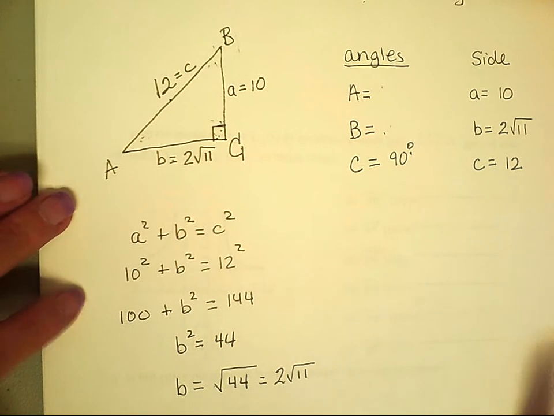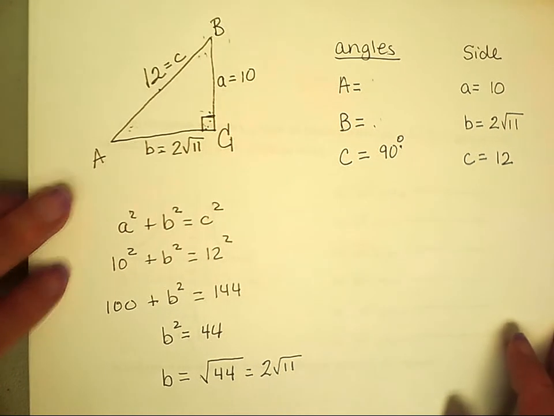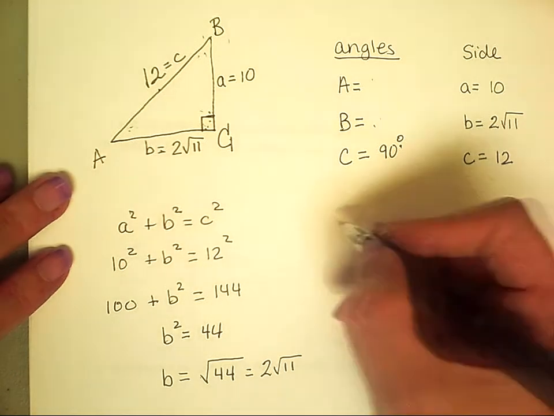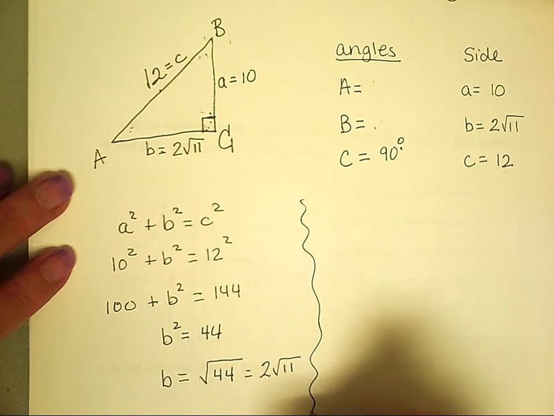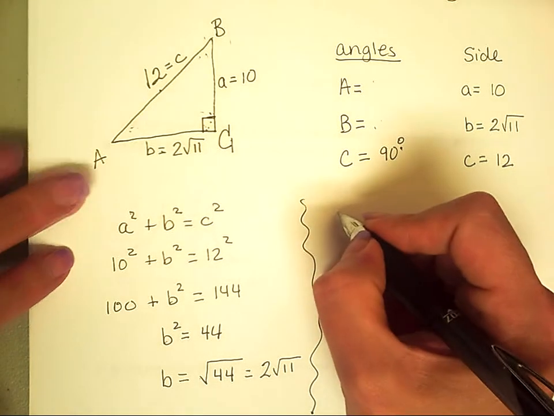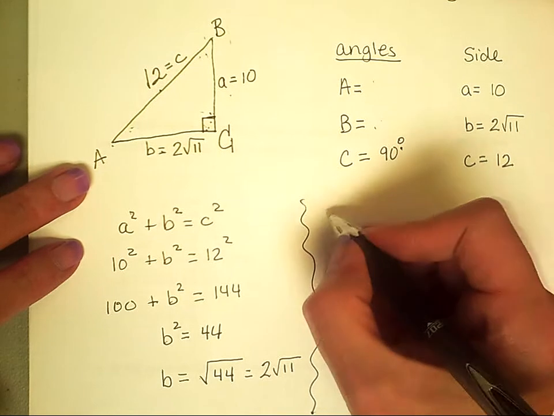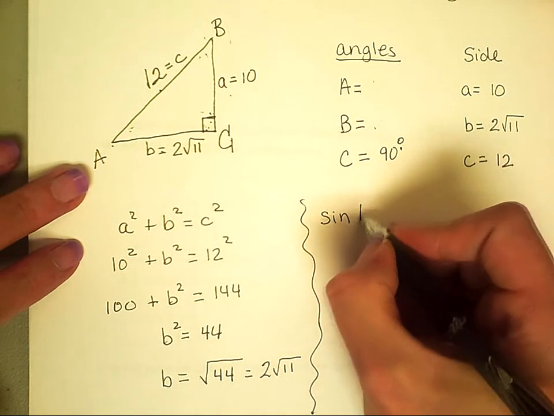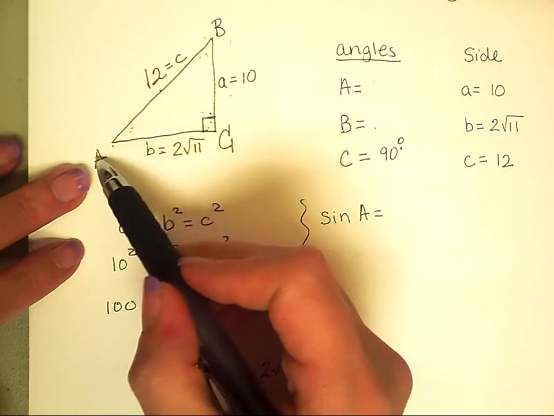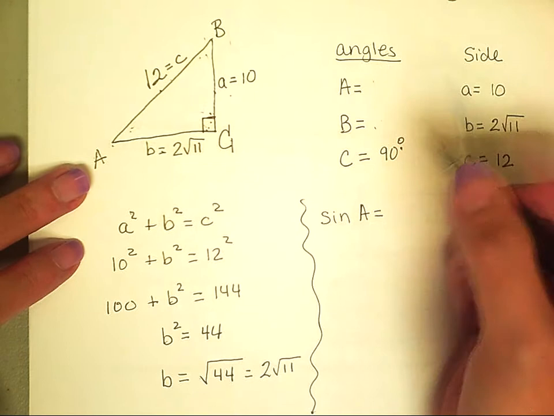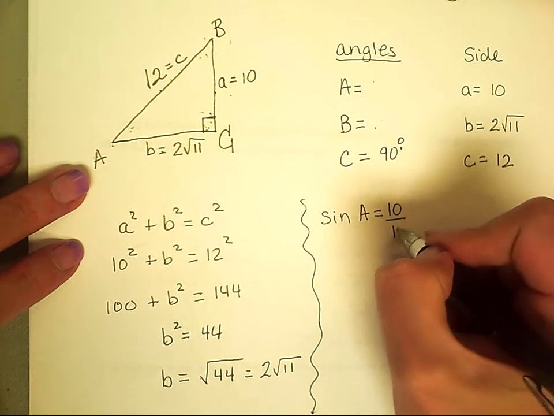But what do I know about these angles? I don't really know much. Okay. But I do know this. I know that the sine of this angle A must be equal to the opposite over the hypotenuse.